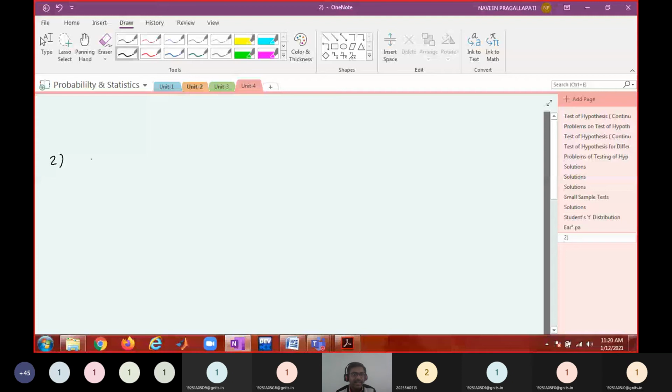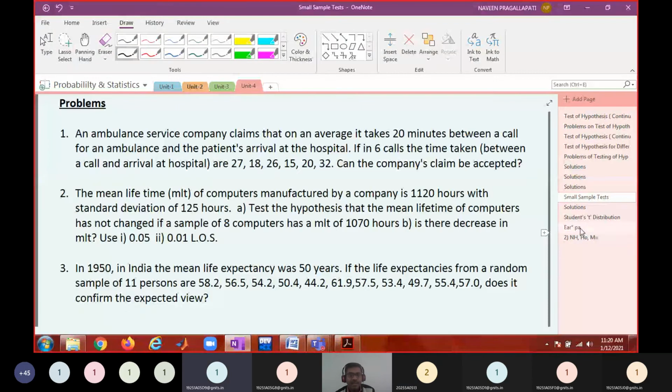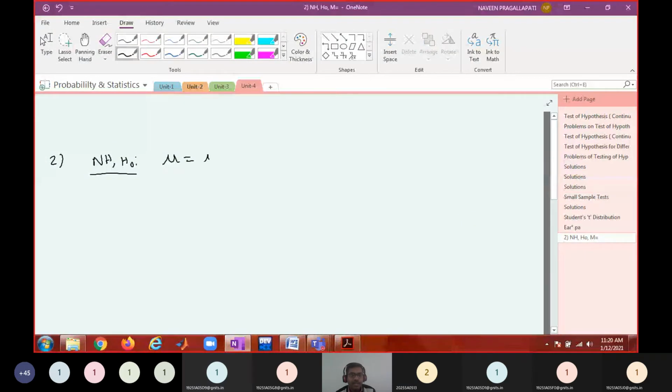So what is the test? What is the null hypothesis? Null hypothesis H naught is mu equal to mu naught equal to 1120 hours. What is the alternate hypothesis? H1 is mu not equal to mu naught; let us apply this in the first part, 2a.